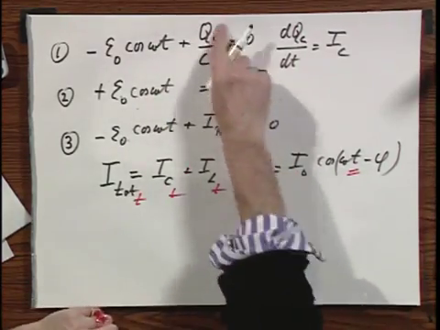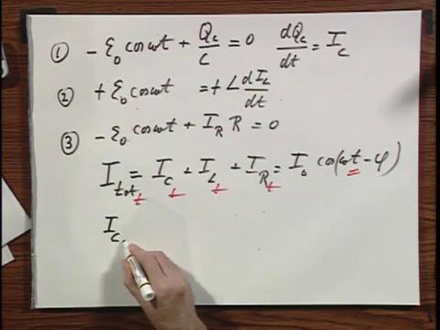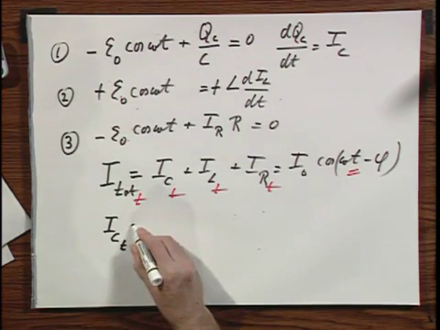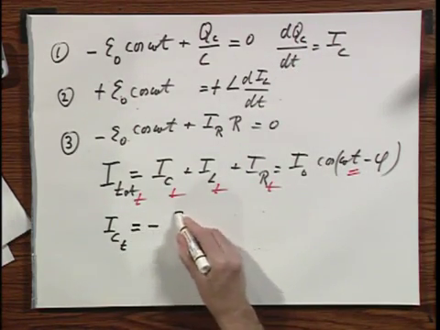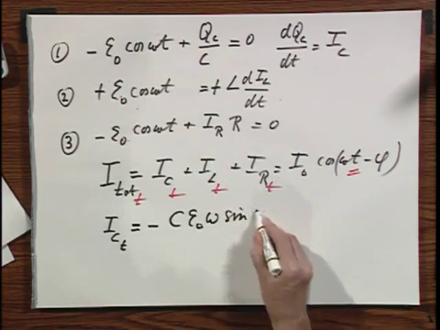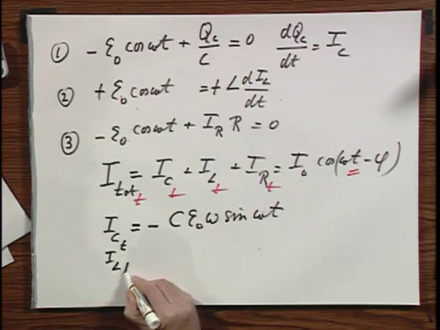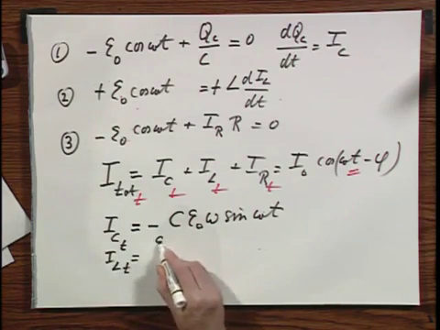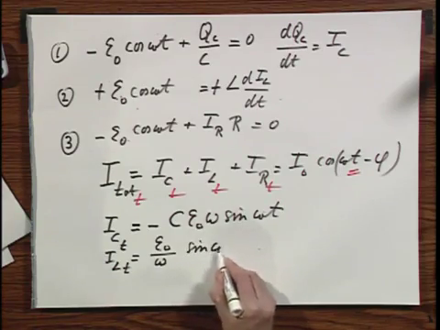In this case it's easy, you take the first derivative of this equation, and so you find the current through the capacitor at any moment in time, which is dq dt, which would become minus C E0 omega sine omega t. The current through the self-inductor at any moment in time would become E0 divided by omega L times the sine omega t.